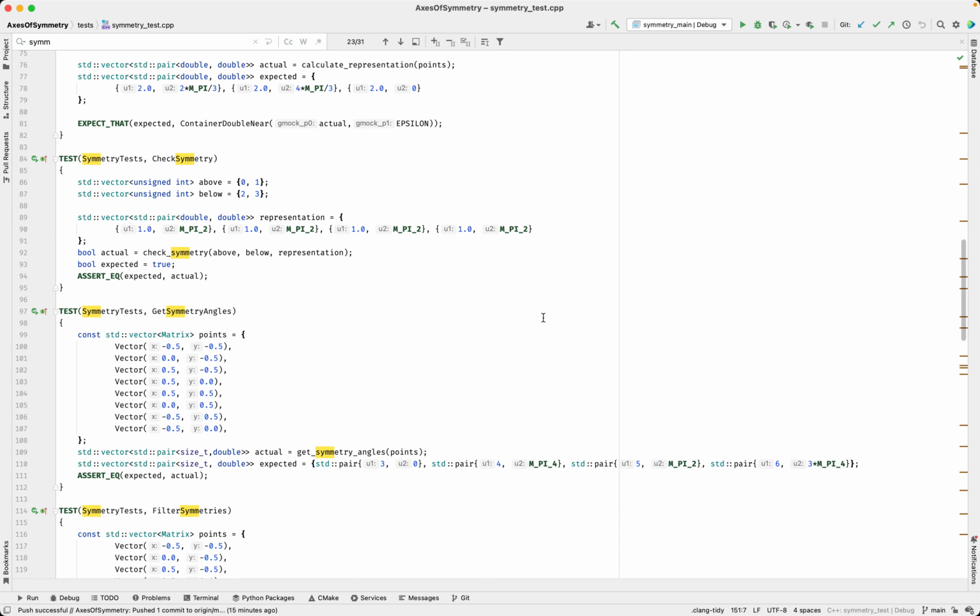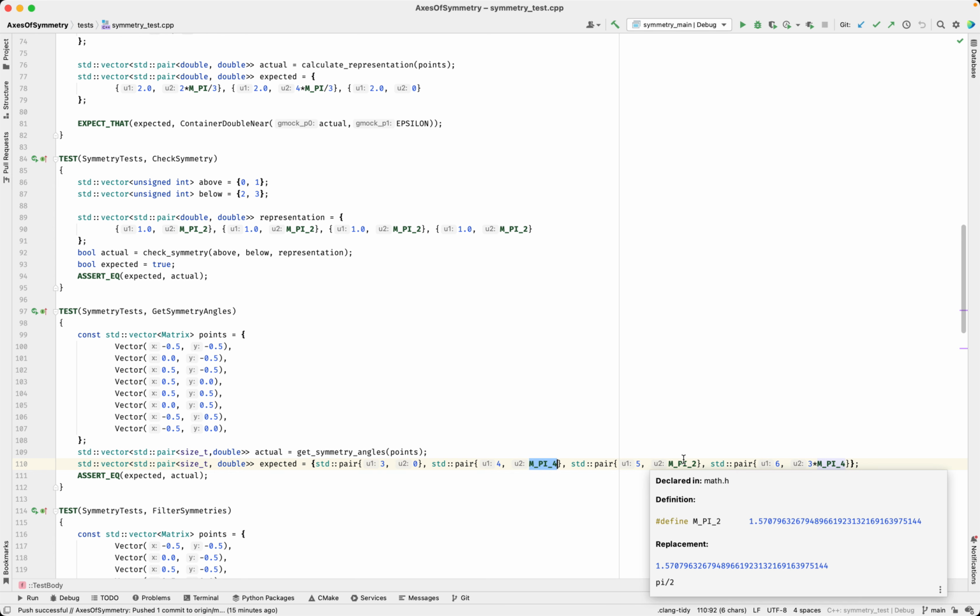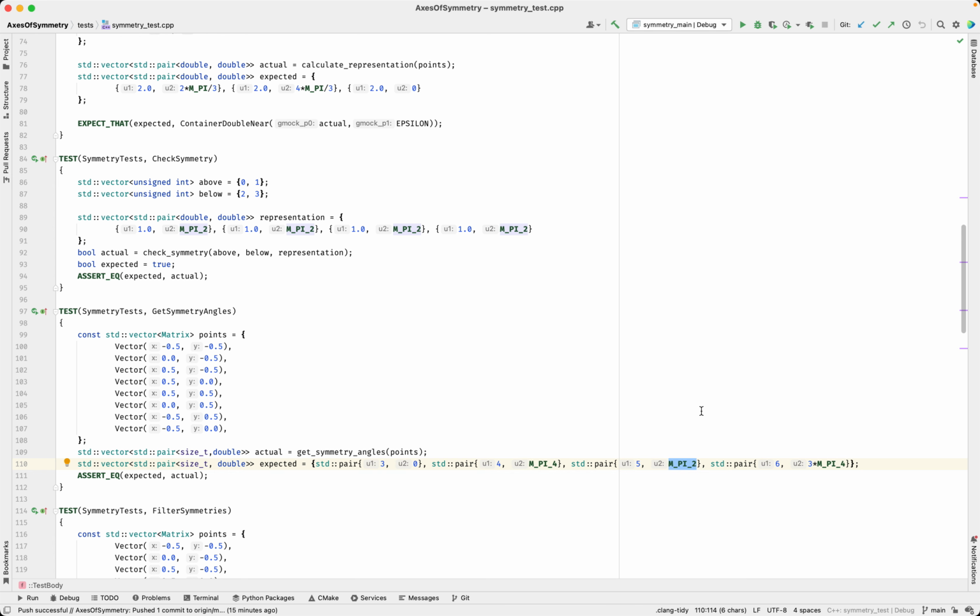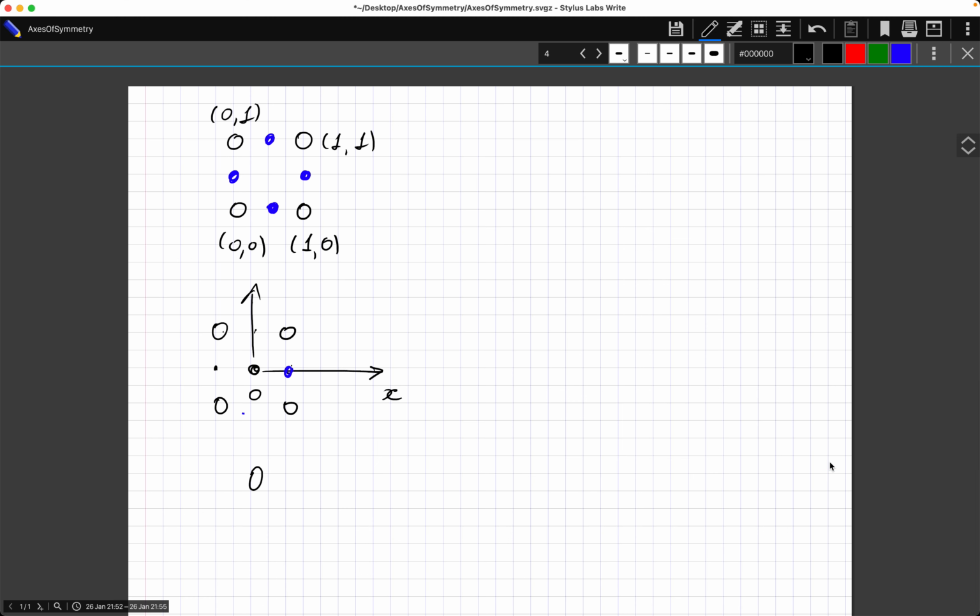So potentially, yeah, start with 0, then π divided by 4, π divided by 2, and 3π divided by 4.